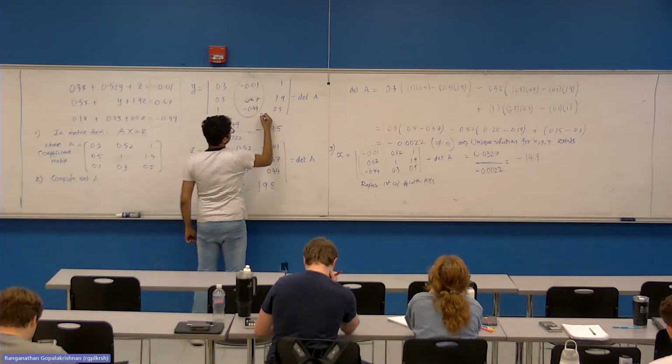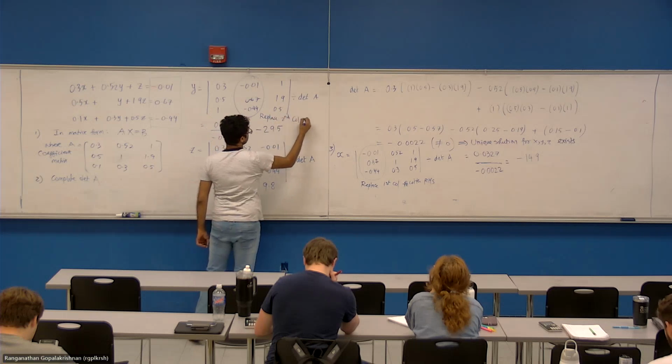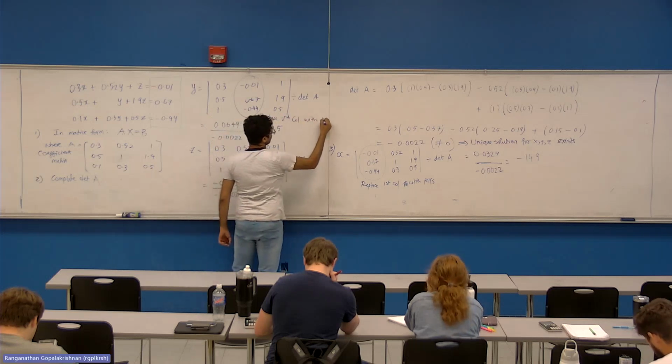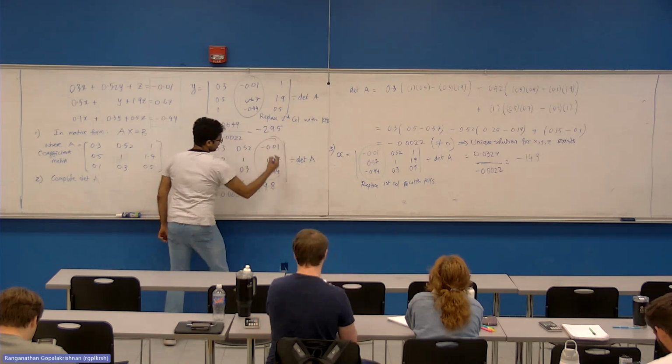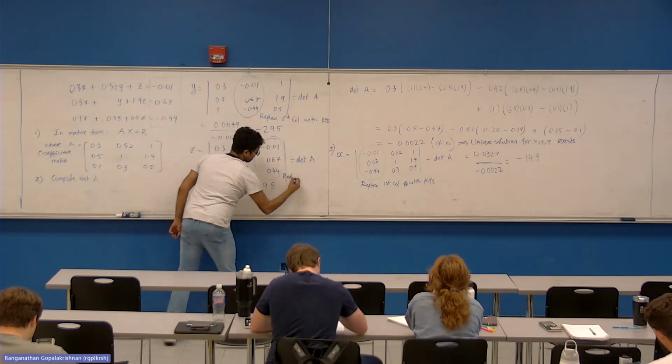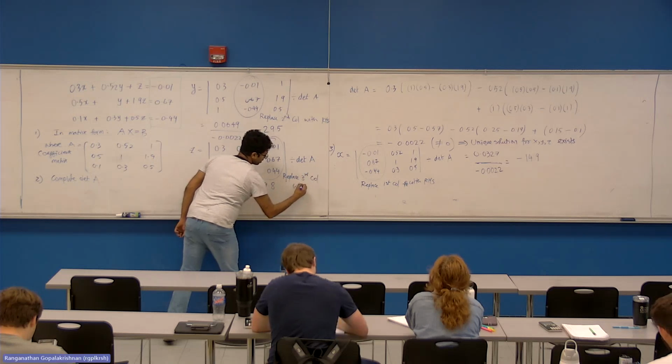Here you would replace the second column with the right hand side values, and here you would replace the third column with the right hand side values.